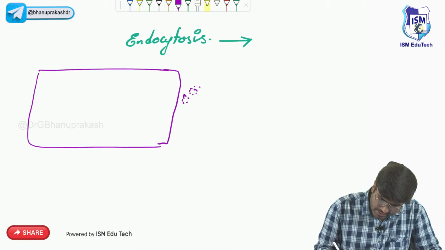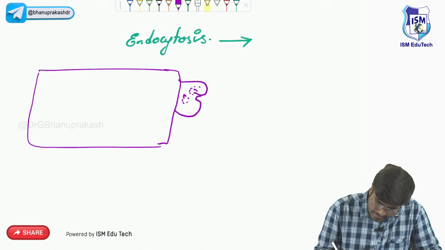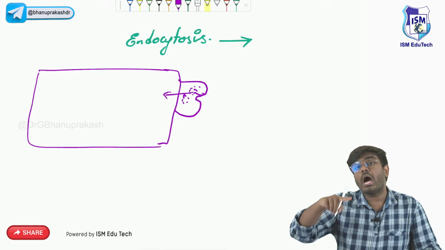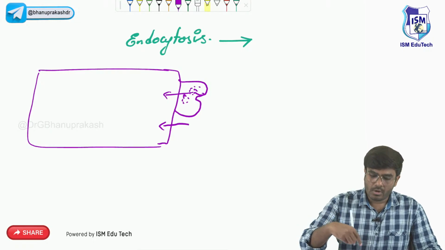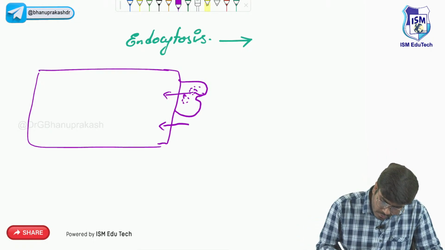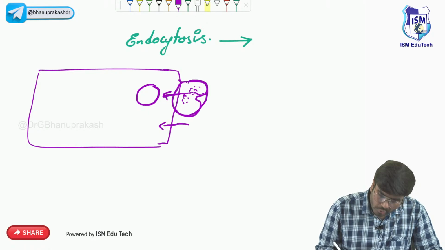Now the cell membrane is going to curve like this and take up the substances present outside the cell. So the movement is from out to in, in the form of a vesicle. It forms a vesicle and this vesicle comes into the cell.